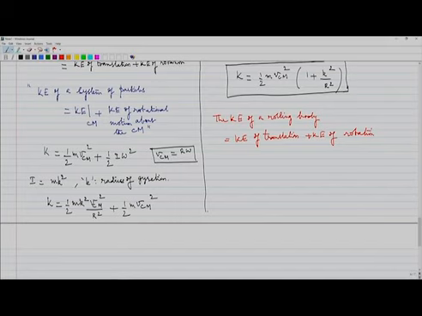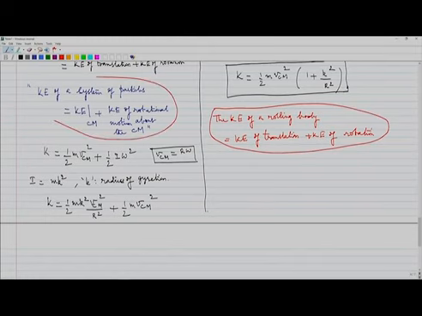This is nothing but what we already have done for the case of many particles. Both are actually the same. We got an expression for the kinetic energy. Now we can make use of this expression.